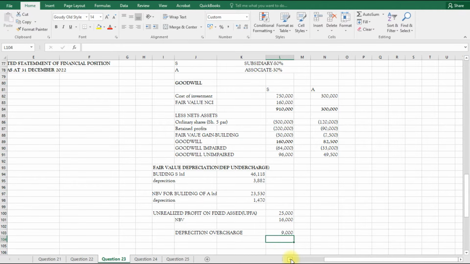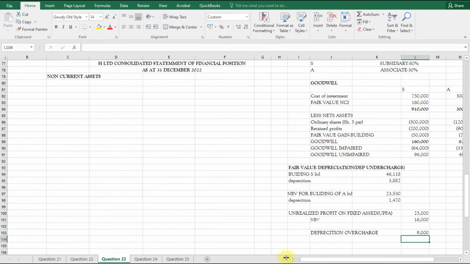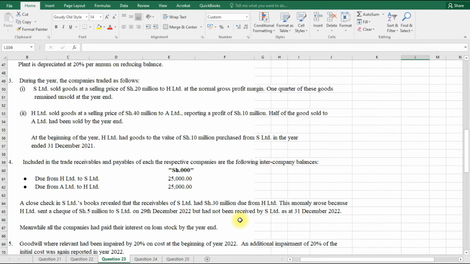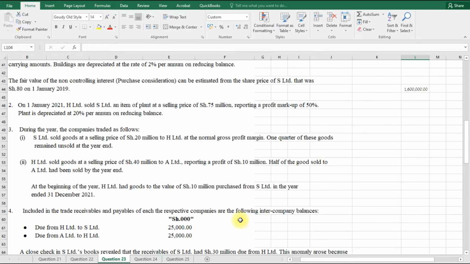So we are moving on well, and the next thing we shall need to calculate is the intercompany. We are done with note number 2. Number 3: during the year end, the company traded as follows. S Limited sold goods at a selling price of 20 to H at a normal gross profit margin. 1/4 of these goods remained unsold.